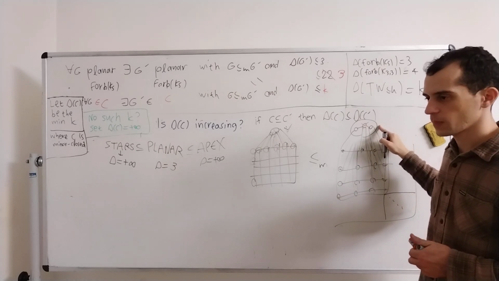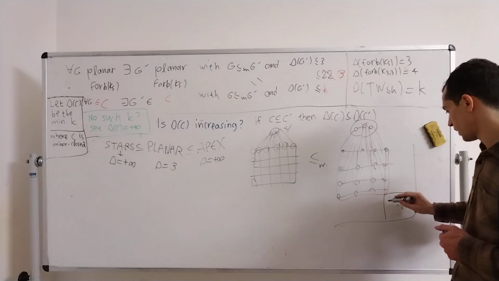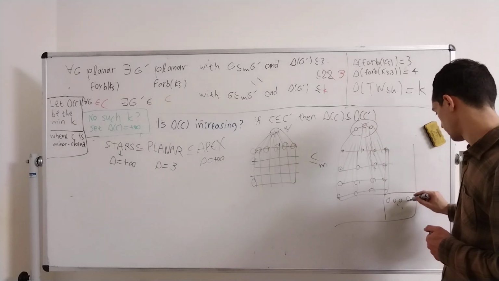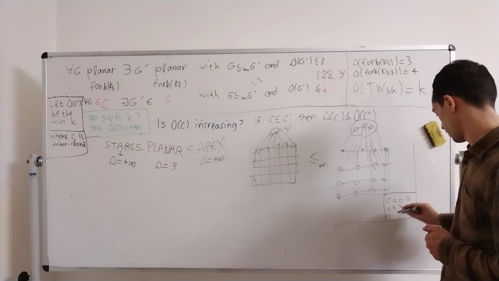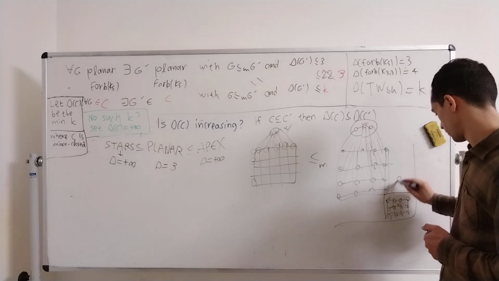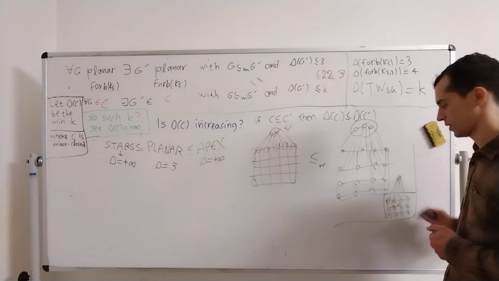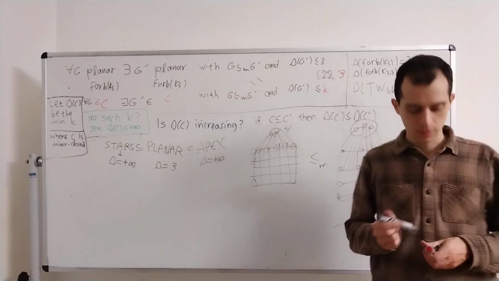Because we could delete at most k edges, but with a large enough grid, with an extra vertex connected to everything, this couldn't be planar.